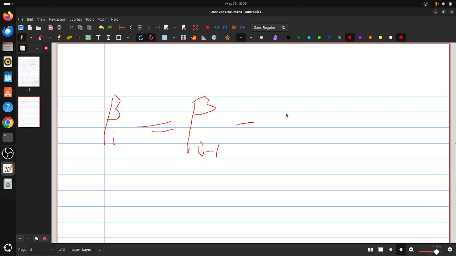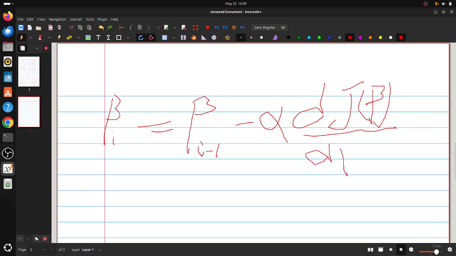minus the learning rate, times the partial derivative of the cost function with respect to the respective beta value, let me say beta i. So that was the formula.